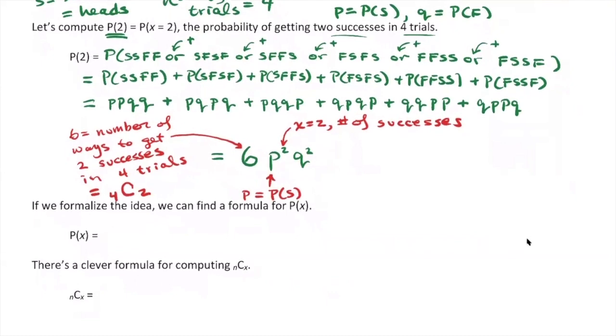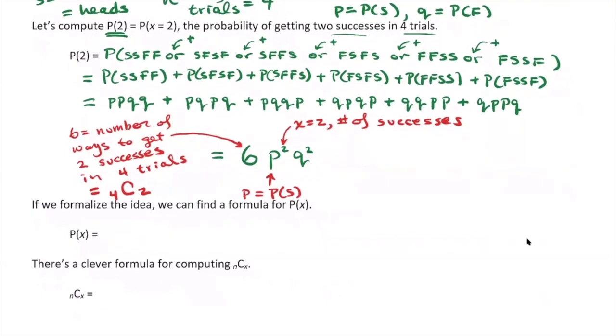Okay, then there's a q, because q is the probability of failure. Okay, the 2 here is the number of failures. 2 heads, 2 tails, 2 successes, 2 failures.